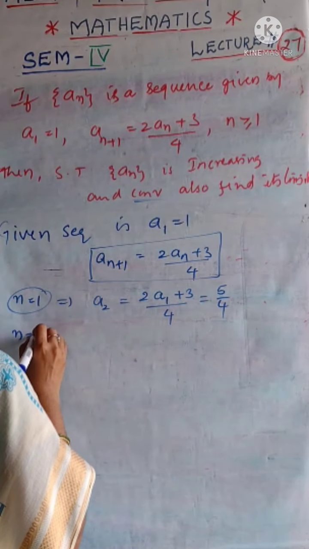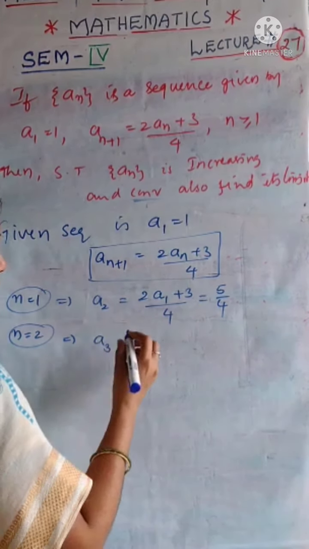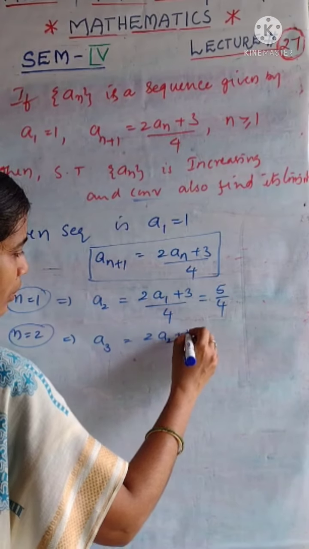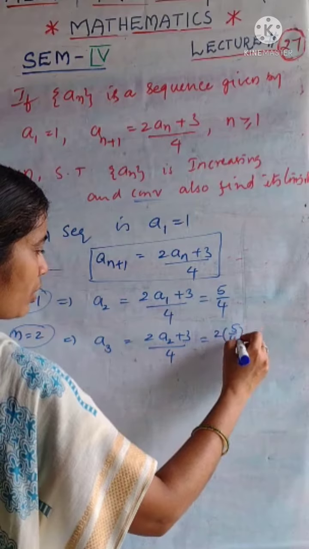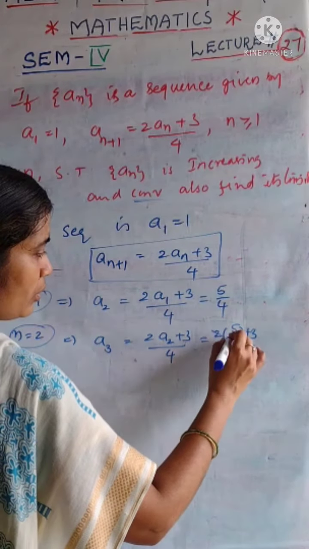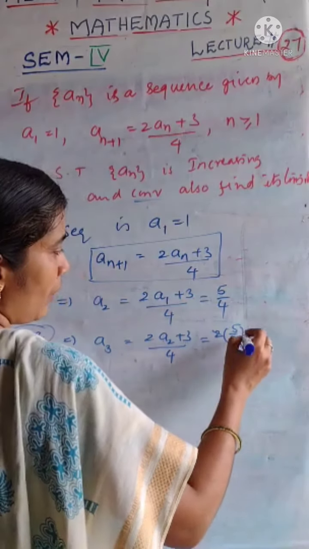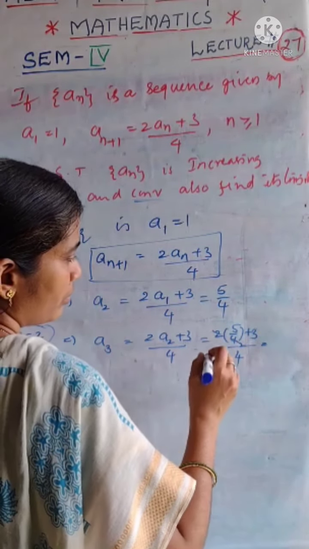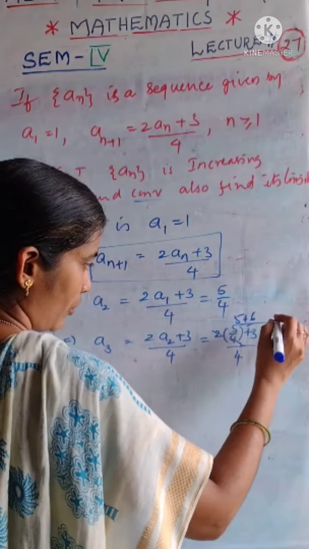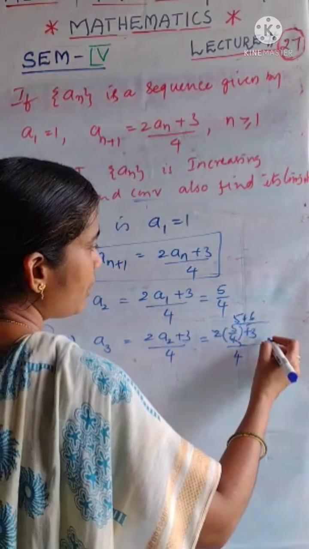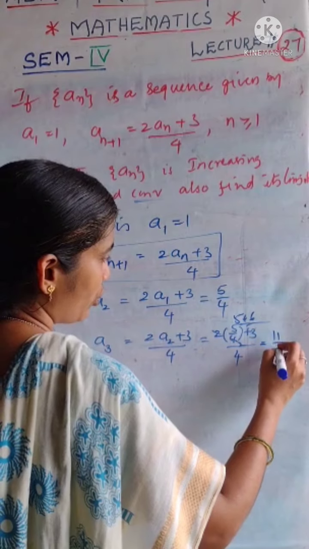By replacing n = 2, we get the third term of the sequence, a3 = (2a2 + 3)/4. What is a2? 5/4. So (2 × 5/4 + 3)/4, the 2 cancels, and the value is (5/2 + 3)/4. Taking the common denominator overall, we get 11/8.